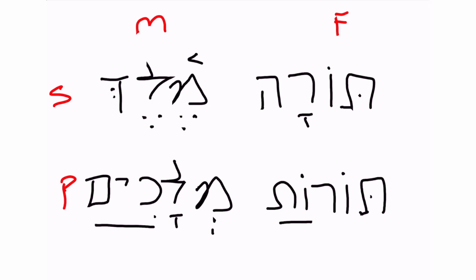There is a dual form, and that ending is aim. So the word for hand is yad.